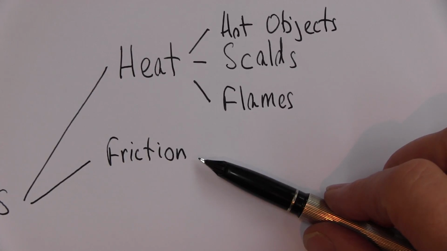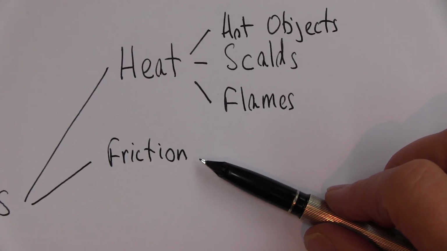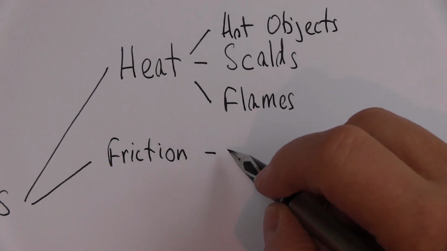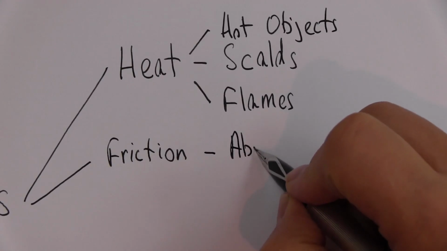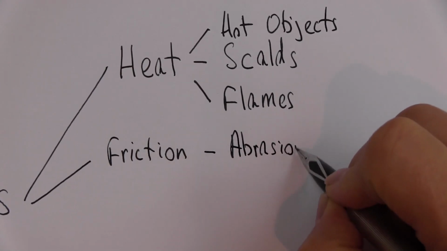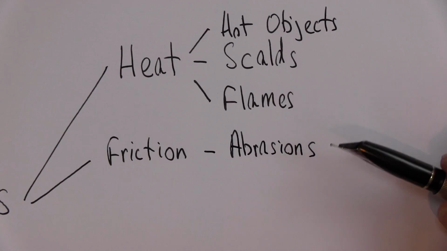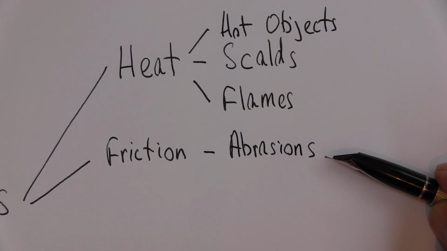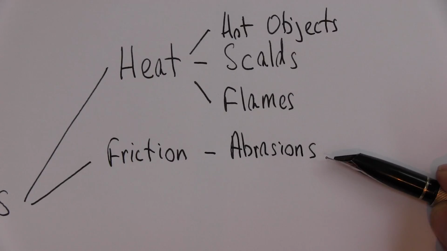So it is quite reasonable to call these burn injuries. And the friction often leads to what we call abrasions. Abrasions are injuries caused by wearing or scraping. And they're usually superficial, but not always, because the friction could cut deeper into the tissues. So friction burns are another cause.